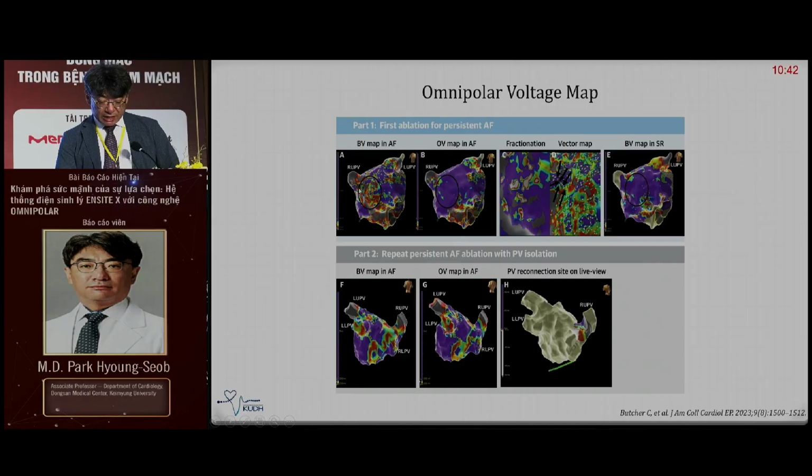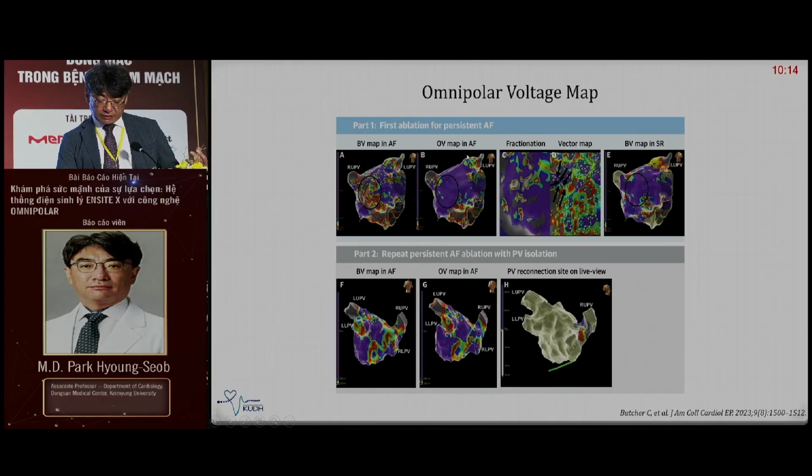In these areas, only the bipolar voltage map shows a low voltage area, but this is because there is some kind of wave collision or fractionation. So the bipolar voltage map, even with the HD Wave solution, cannot define the real high voltage area, but the omnipolar technology gives us real information about where the real high voltage area is.